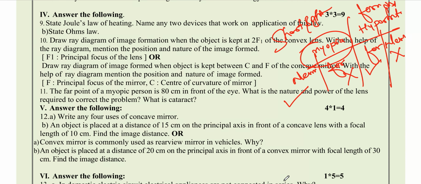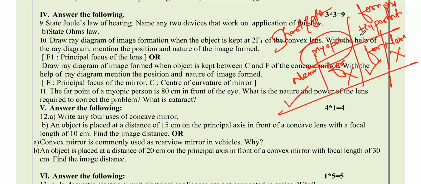Correct? To correct this, I am not going with the question. First I am discussing the basic table. If you want, you can draw the table for this and you will have a brief note out of it. Myopia is short sightedness. In myopic eye, a person can see near objects clearly, he cannot see distant objects, meaning far objects, clearly. Hypermetropia, also called far sightedness, he can see far objects clearly, he cannot see near objects clearly.